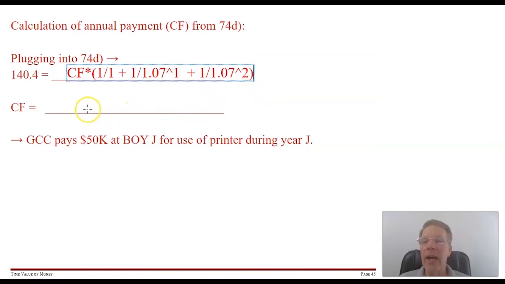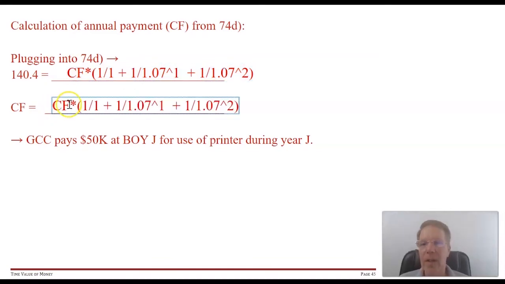Okay, so now our cash flow is going to be equal to, through the magic of algebra, 144 divided by this whole mess.